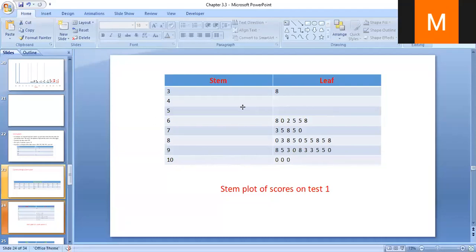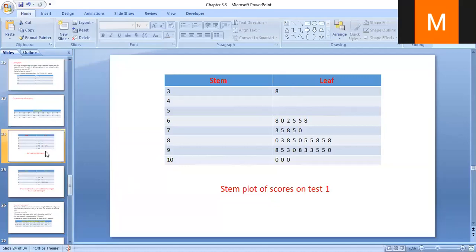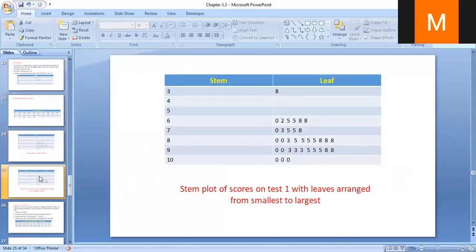When you look on the table, you can read the number. That is what you call the step law. Any question about the step law of test one?